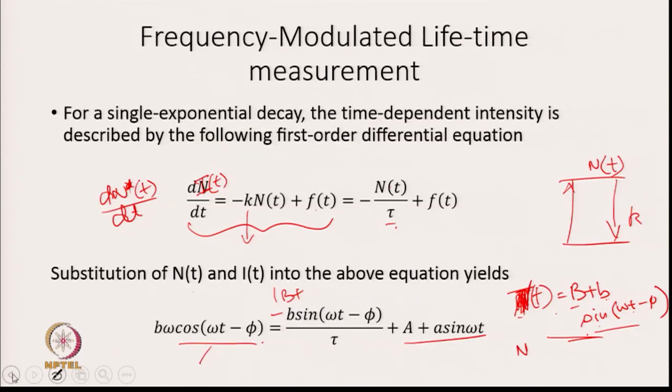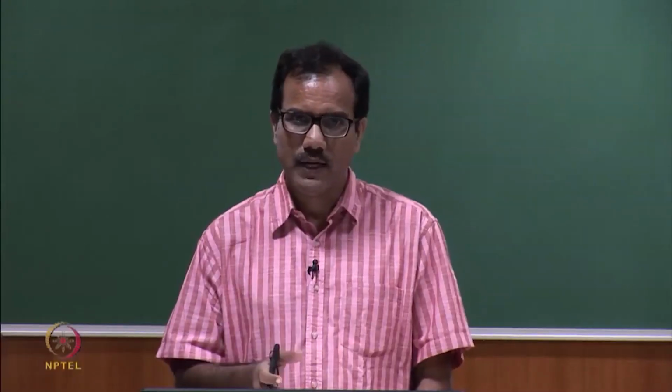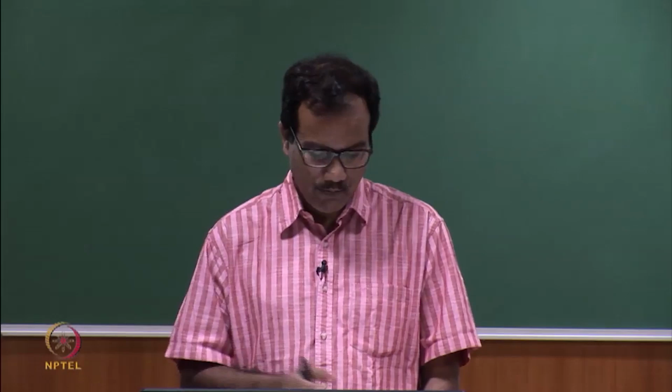If we solve this equation, we get tan phi equal to omega into tau, where tau is your lifetime, and B divided by A will be equal to M, and that will also give you tau. You can get the value of lifetime from the phase shift, or you can get the value of lifetime from the M value.